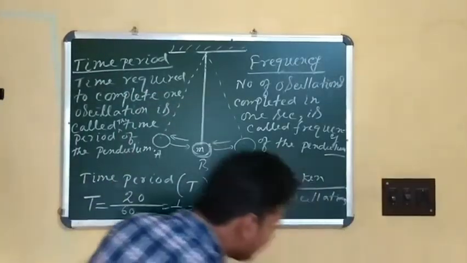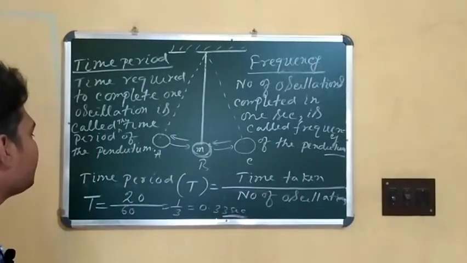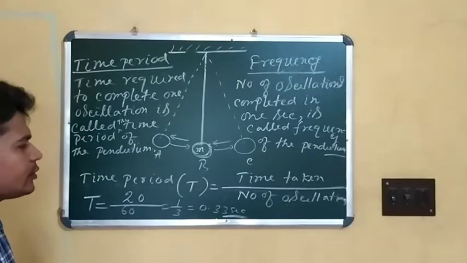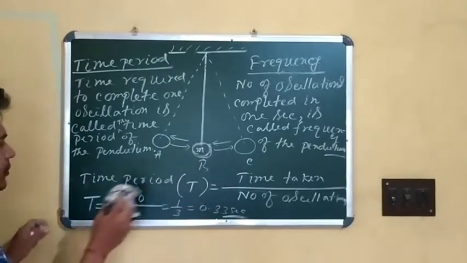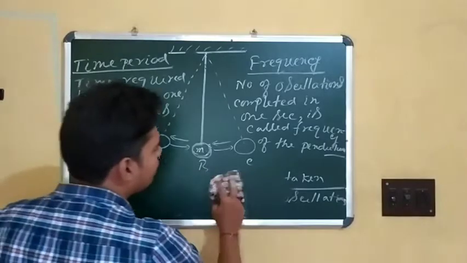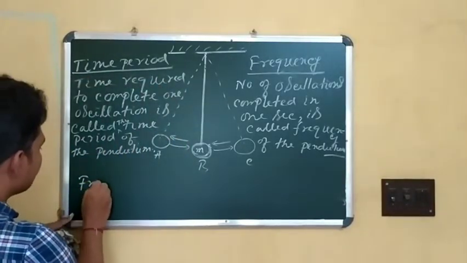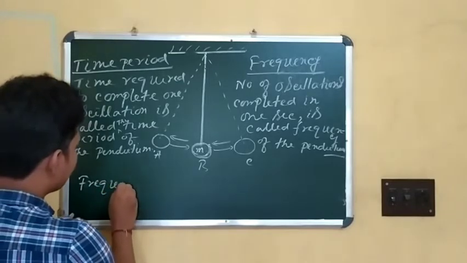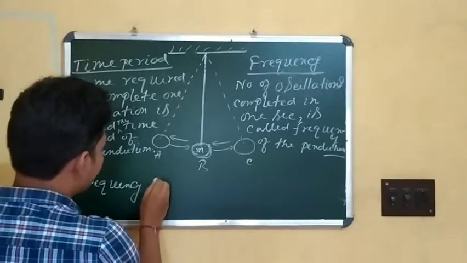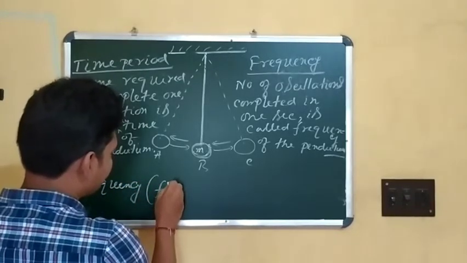Now, how is the frequency related with time period? At first, we have to write down the formula of frequency. Just look at this. Frequency is written as small f or small n.